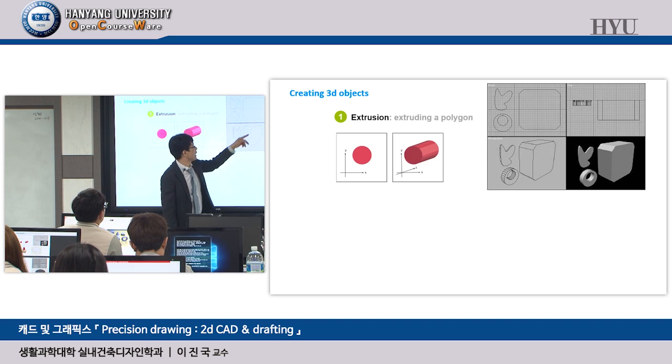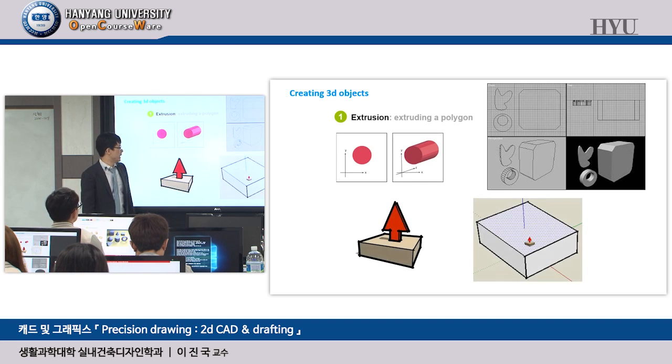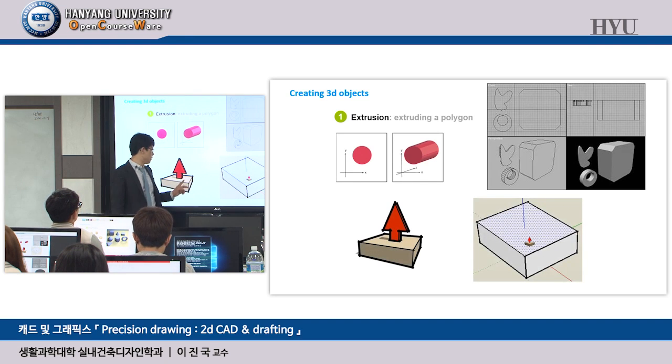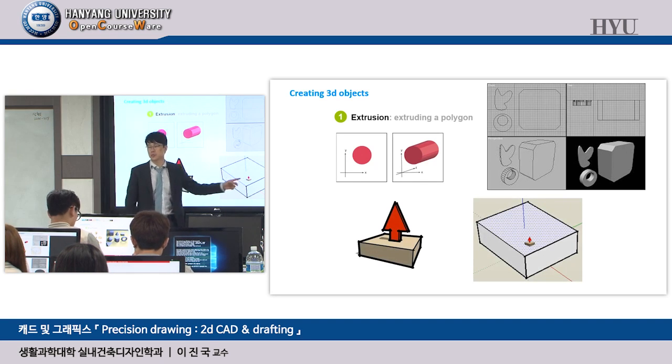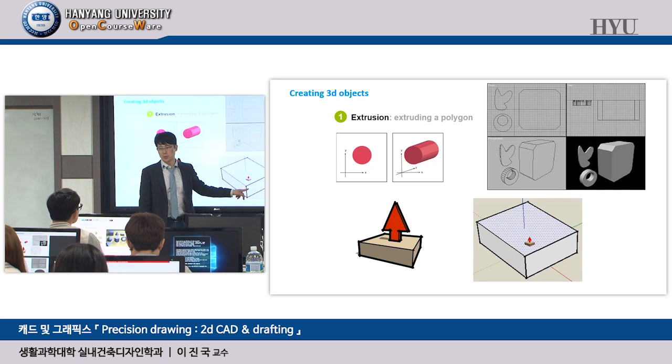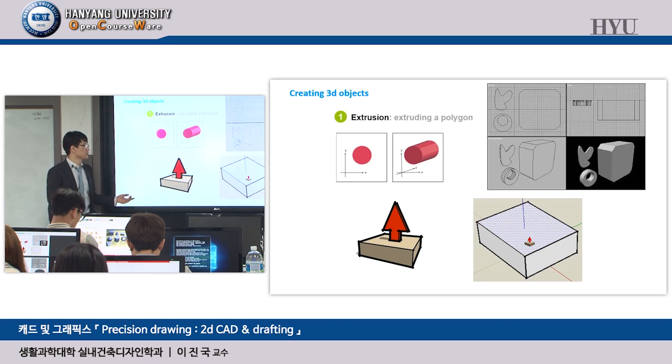Draw something and extrude with specific height, specific thickness numbers. How about in SketchUp? You know what this tool is, okay? Push-pull. By using push-pull, you can make some 3D using specific numbers. You can type millimeters, centimeters, meters, whatever.